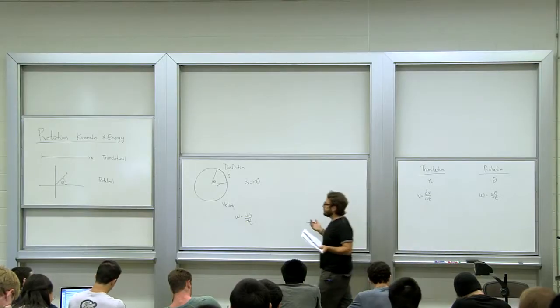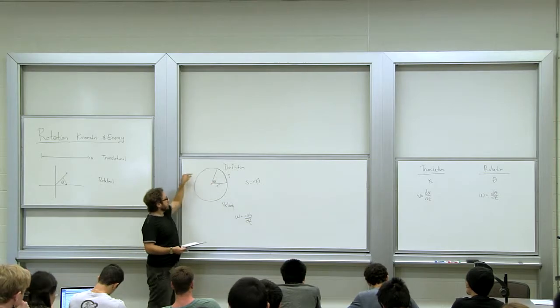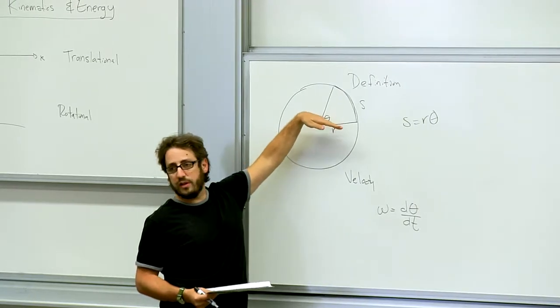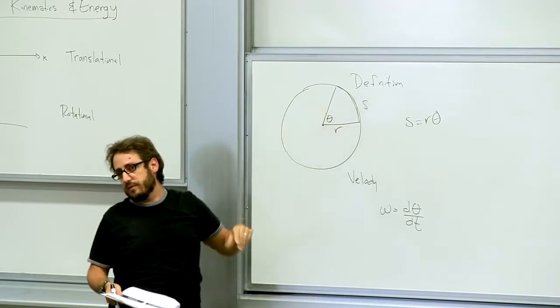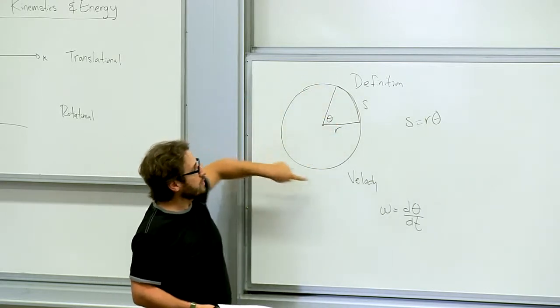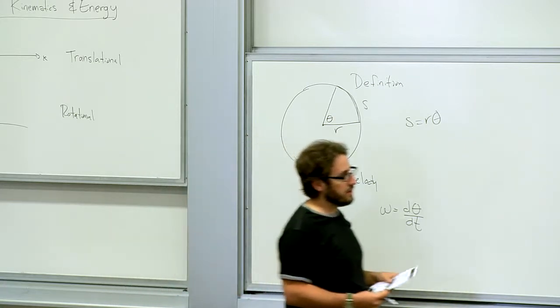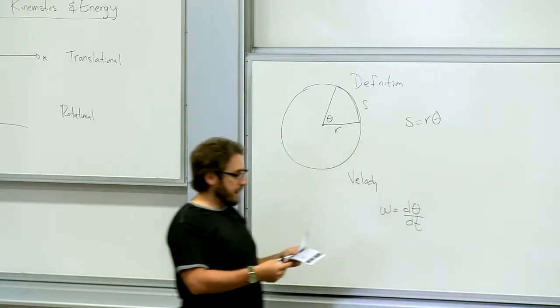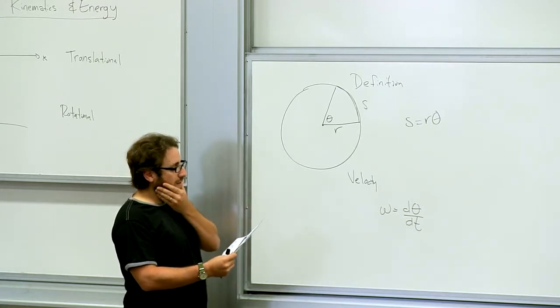Now imagine you are a tiny little being living on a circular world where your coordinate is theta. Your velocity is how fast your theta is changing. That's your motion around here. Not terribly complicated. Now the only tricky bit about angular velocity is what is its direction?